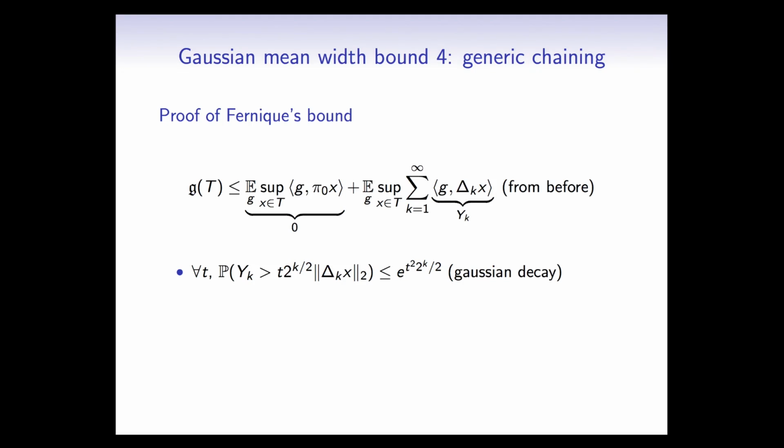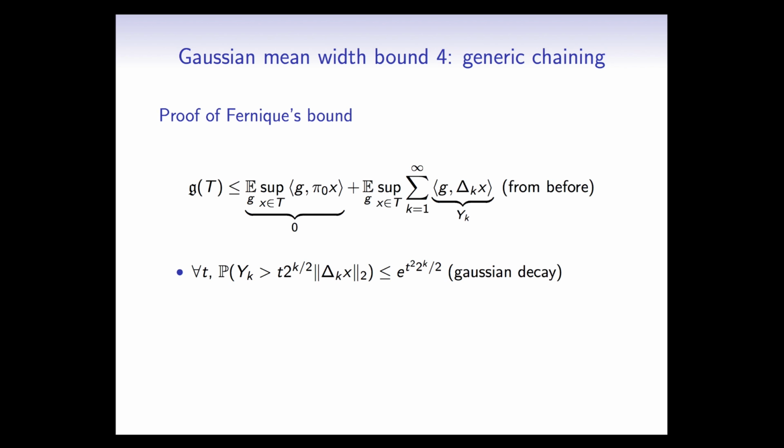Okay, and the proof of Fernique's bound is the same as before with the net argument. G of t is at most this pi 0. So now pi 0 is the closest point in t0. And delta k is the difference between the closest point in tk to tk minus 1. These are not nets anymore, though. Okay?